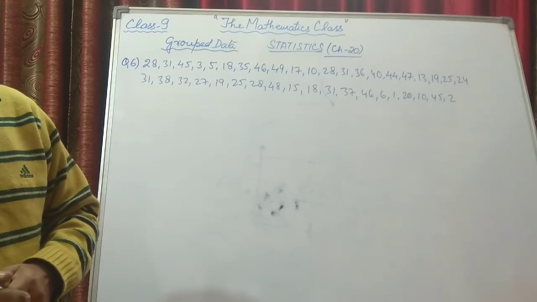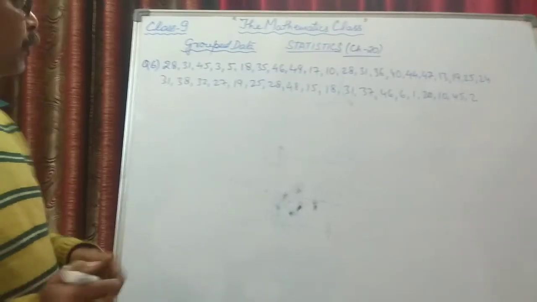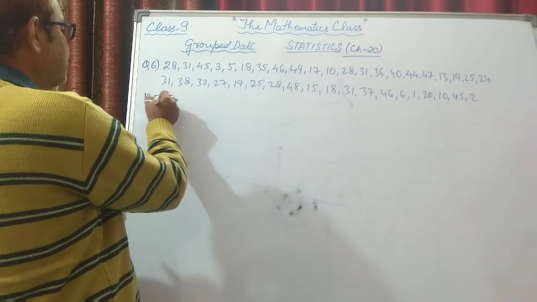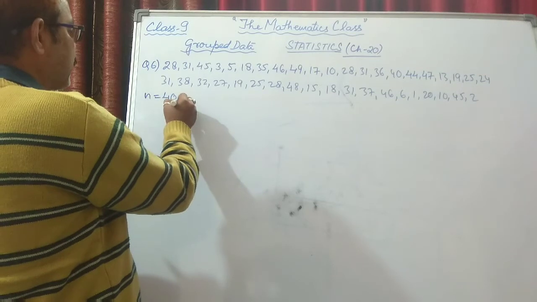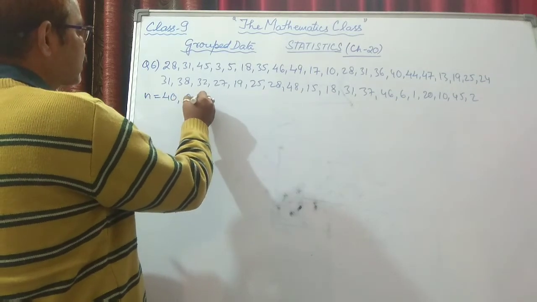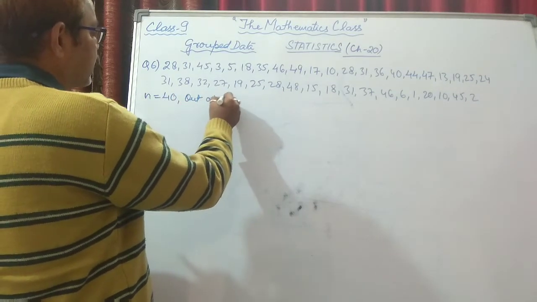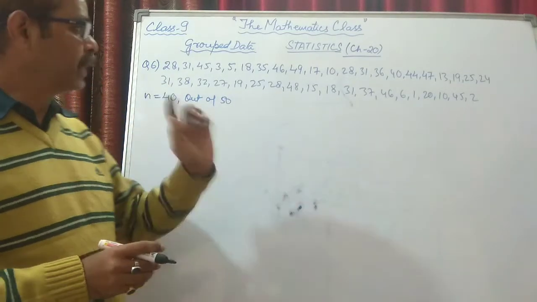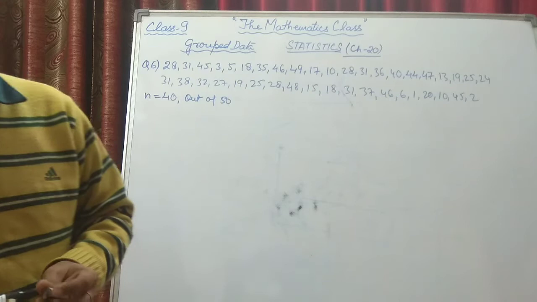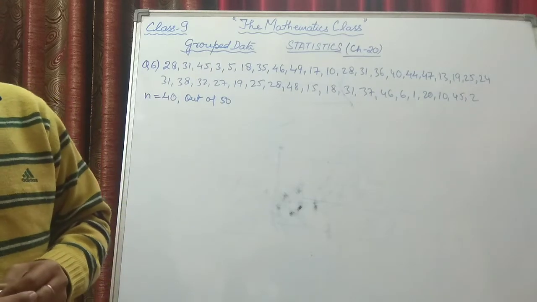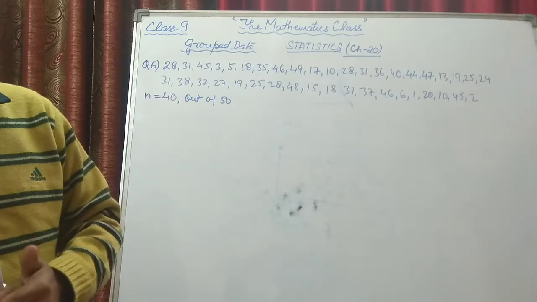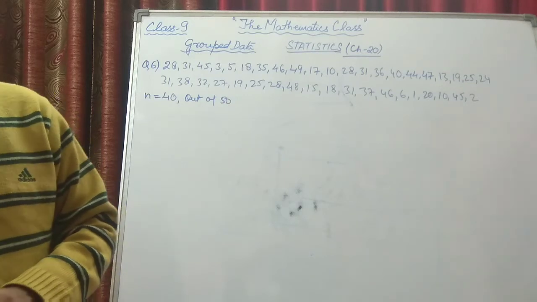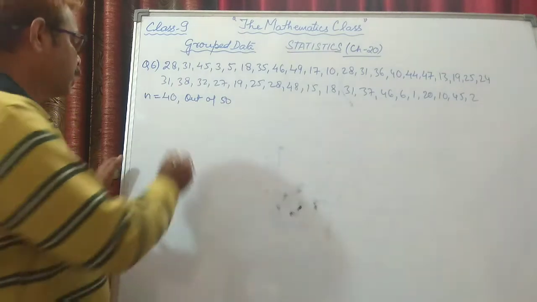The marks obtained out of 50 by 40 students, means the total number of observations is 40, and marks are out of 50, means none of the marks will be greater than 50, right? Now what do they say? These are the marks given below. Taking class intervals 1 to 10, 11 to 20, construct a tally chart and a frequency distribution table.